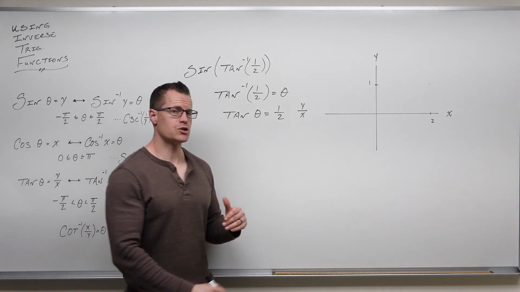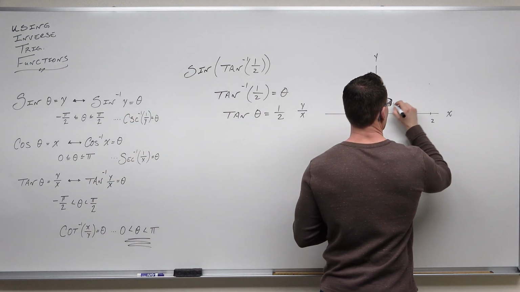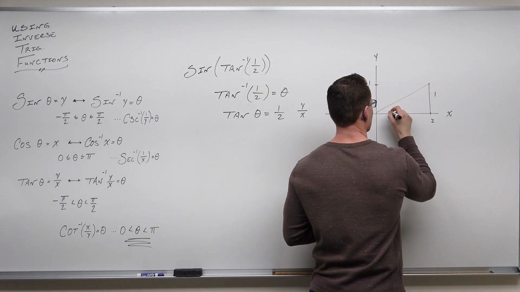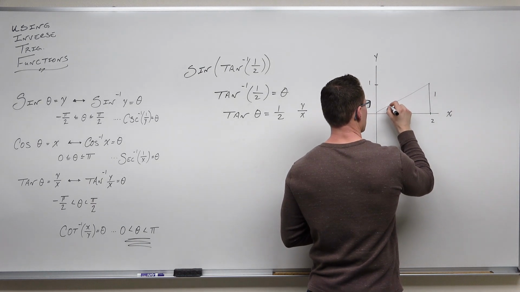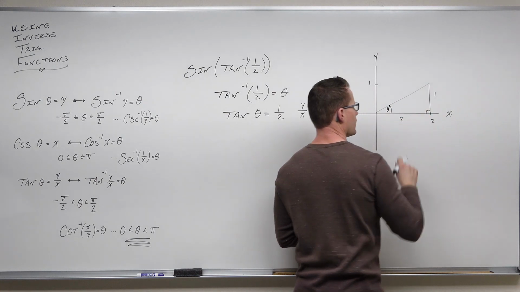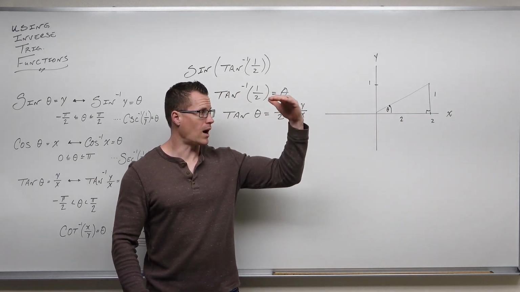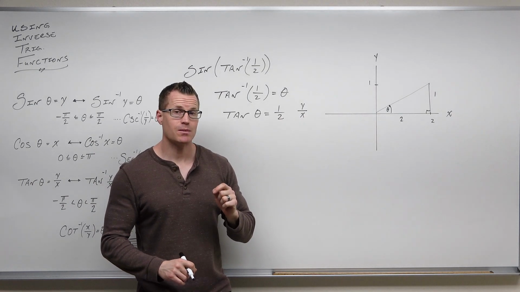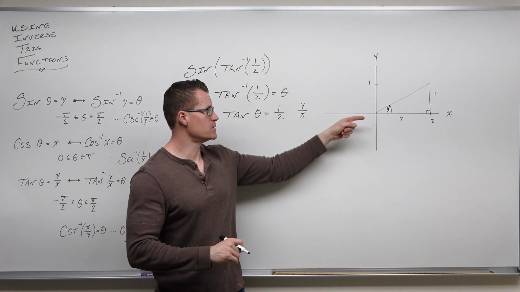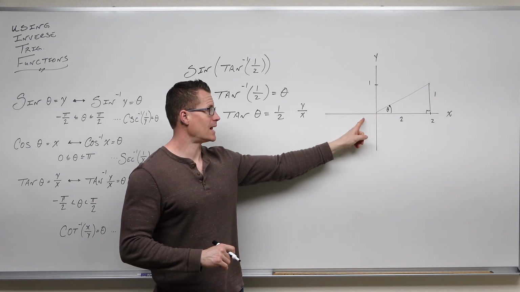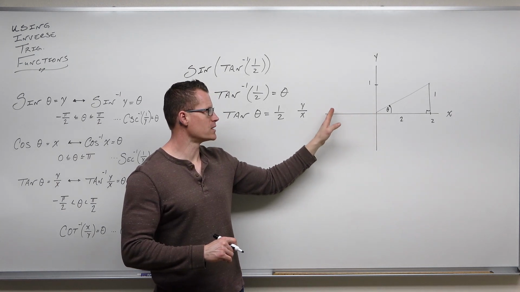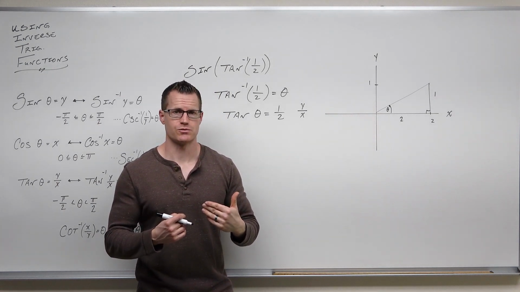That would be a relationship on a right triangle with a y of 1 and an x of 2. But you could get the same exact relationship if you did -1 and -2. Do you see that? Do you realize that -1 divided by -2 is also positive 1/2?